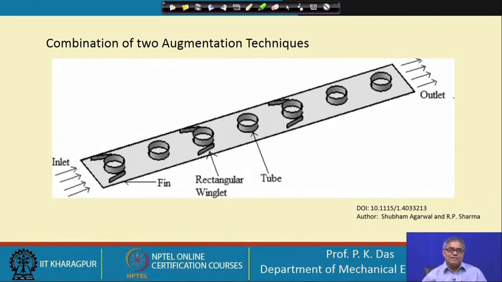So one passive technique is increasing the surface area, and another passive technique is increasing the heat transfer coefficient. Two different passive techniques are used, and with that we get a much larger heat transfer. This is one way we can combine two different augmentation techniques together.